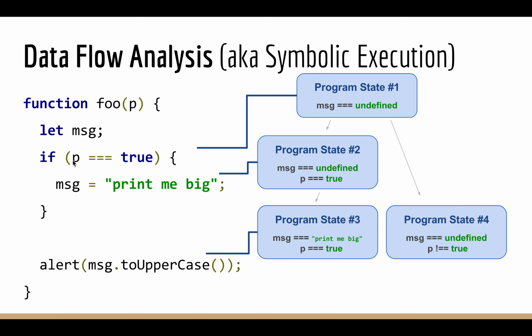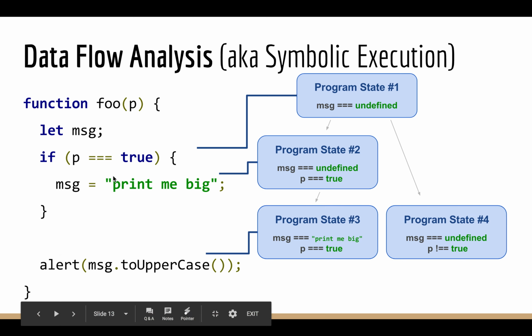Let's now consider another execution path. The one when the condition of this if statement is false. That would mean that the block which is here is never executed, and we will go directly to the last line.